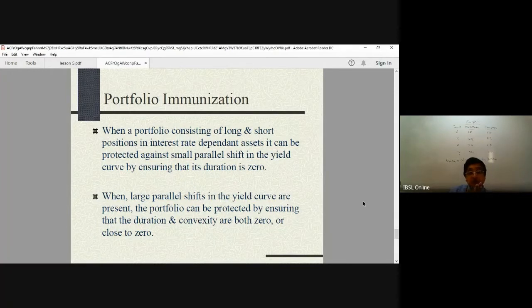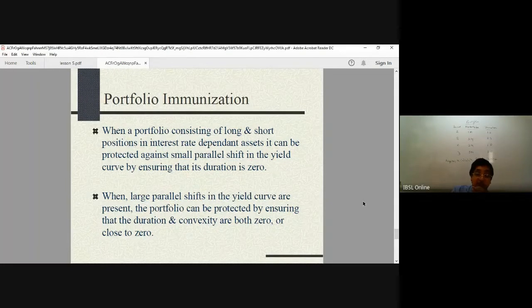So when you have a portfolio with long and short positions, and you maintain that portfolio such that we have positive for long positions and negative for short positions, then the total becomes zero. If the total becomes zero, such portfolios are known as immunized portfolios.